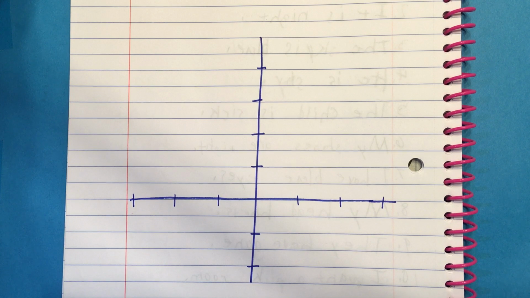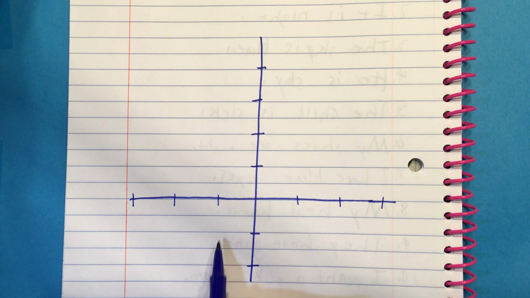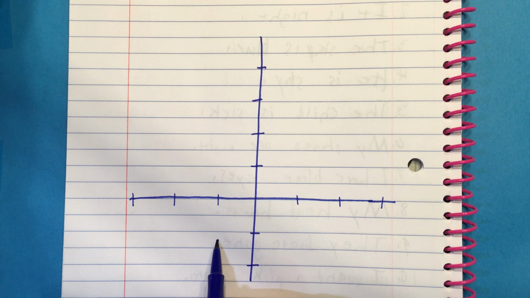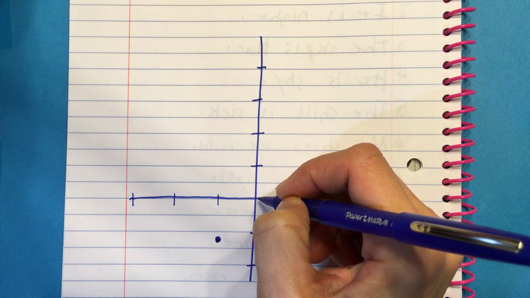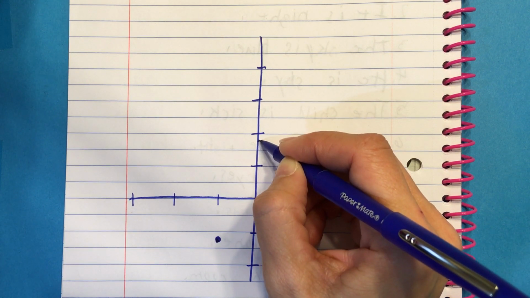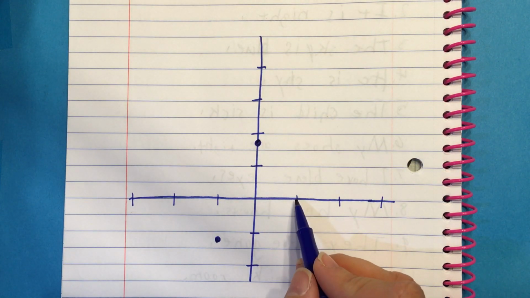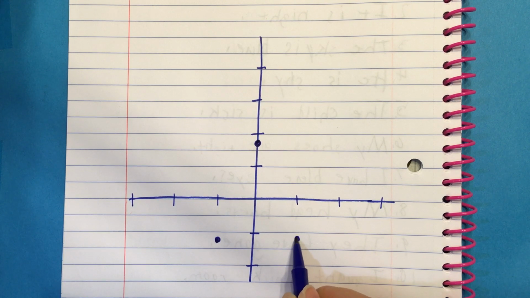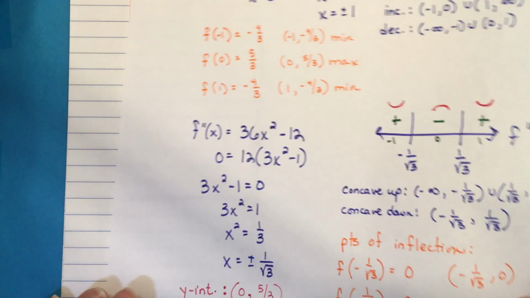That was like doing the maxes and the mins. And again, you can just kind of do approximations with these fractions. So at -1, I have -4/3. So that would be somewhere along in here. And then at 0, 5/3. Okay, so at 5/3, 1 2/3, so somewhere around in here. And then +1, -4/3.